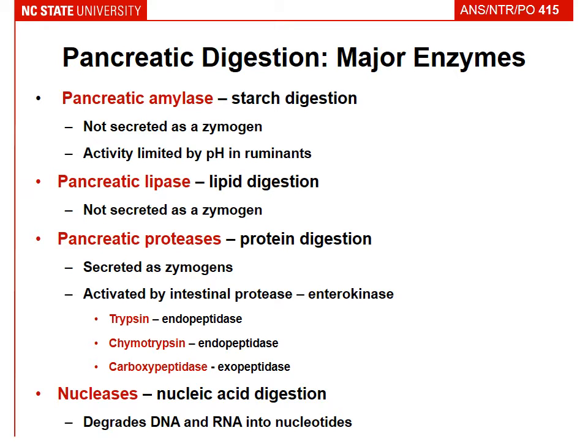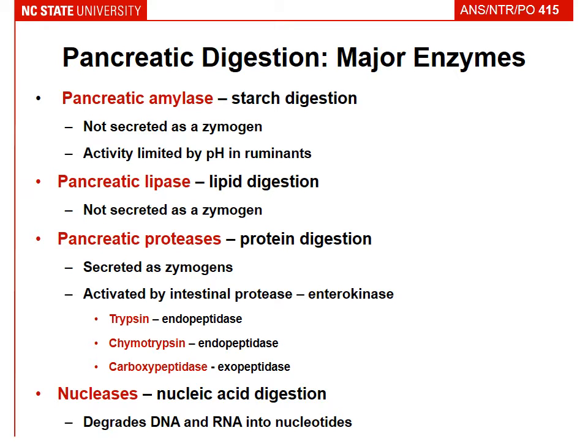Carboxypeptidase cleaves off the ends of those peptides, resulting in single amino acids and a peptide. So the products of trypsin and chymotrypsin are peptides, and the products of carboxypeptidase end up being single amino acids and peptides.